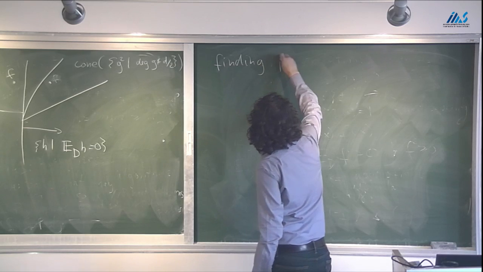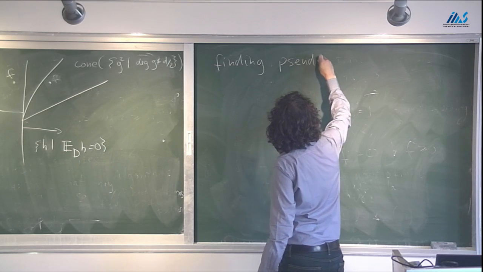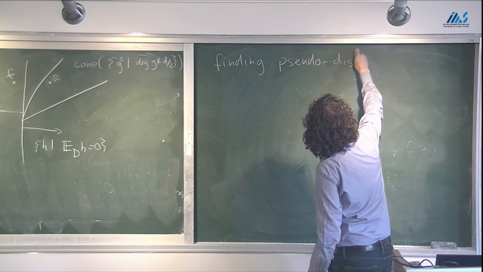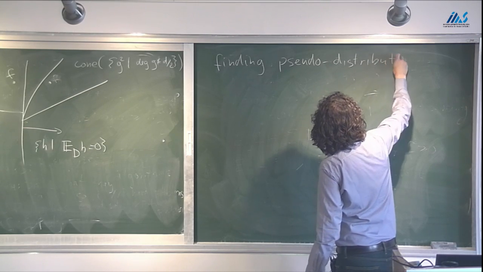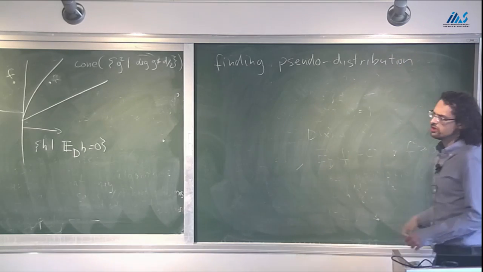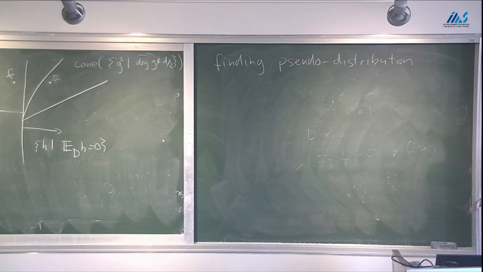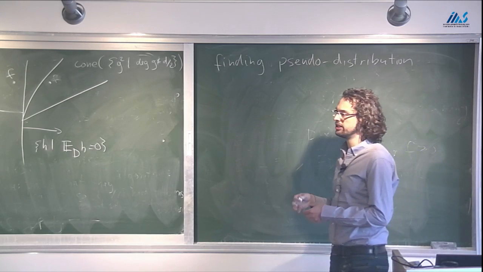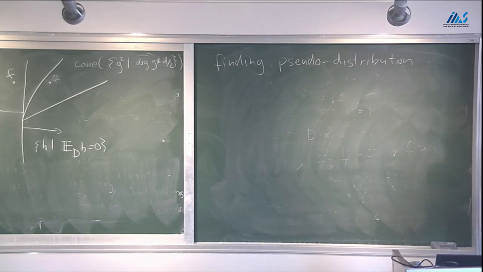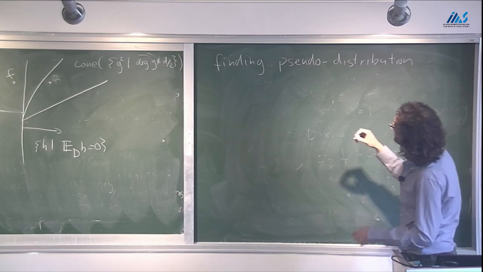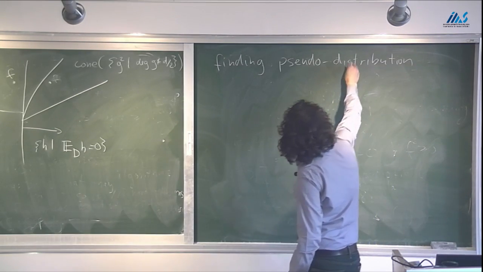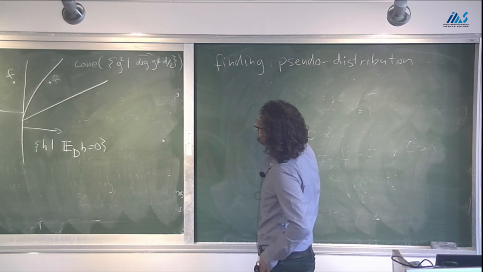One way to find these pseudo-distributions is using gradient descent. Yesterday I didn't really explain the algorithm. I just explained that it's related to positive semidefinite matrices. If you're familiar with semidefinite programming, then that's almost enough to see why the algorithm works. Let me very briefly say a direct way to see how you can find these pseudo-distributions.